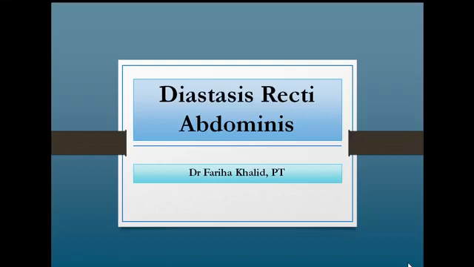If you hear these terms anywhere, these are all names of one thing, which is basically the separation of the rectus abdominis muscle. The rectus abdominis is a muscle of the abdomen, commonly called the six pack muscle.